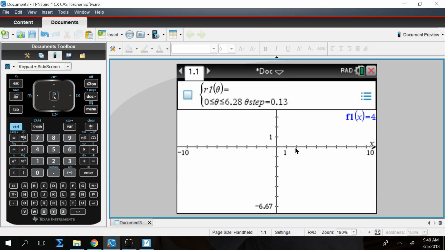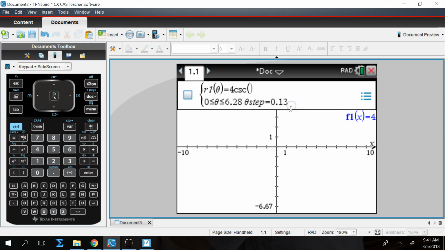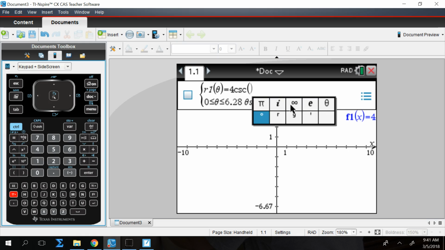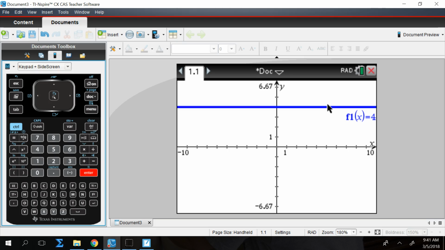Just like when we were graphing with parametrics, now our entry type has changed. We've modified some things. So, r equals something, and that something that we had was 4 cosecant of theta. Horizontal line, 4 up from the pole.